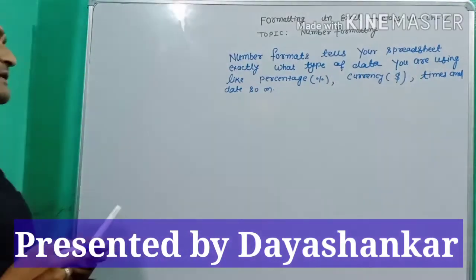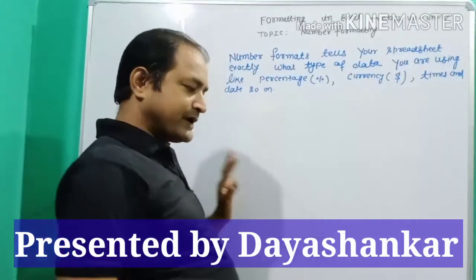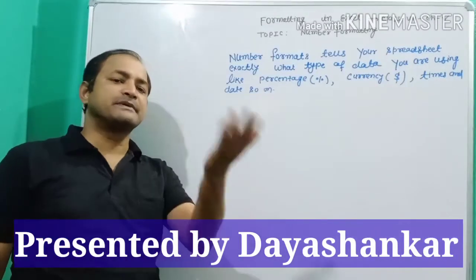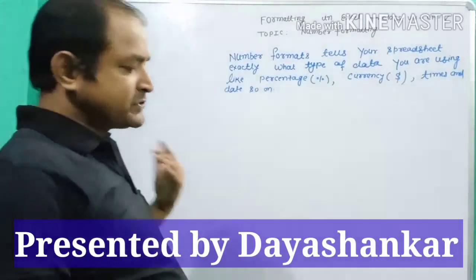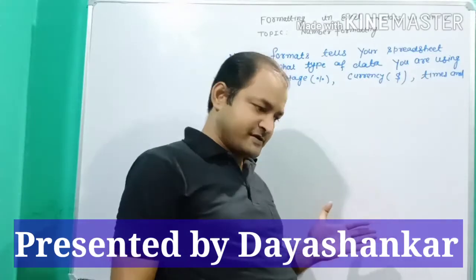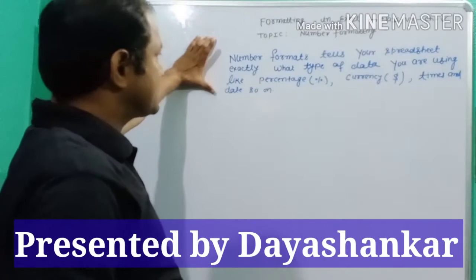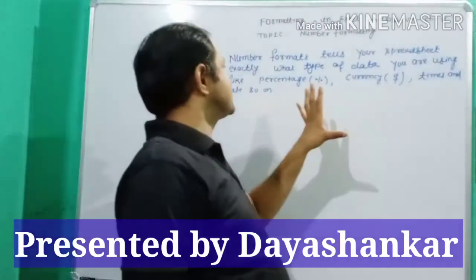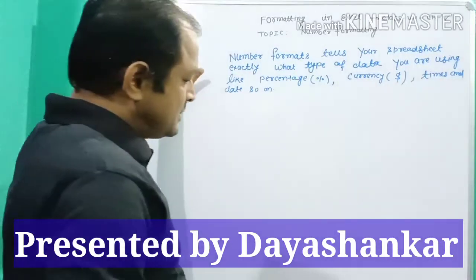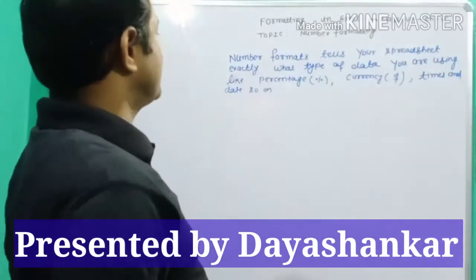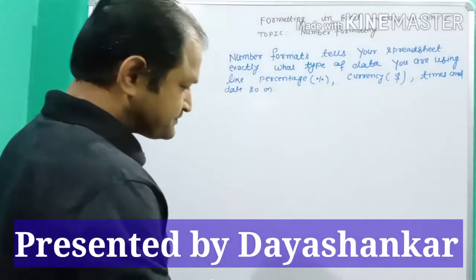This is the number format. I repeat, whenever you are working with a spreadsheet, it is a good idea to use an appropriate number format for your data. So what is the number format? The number format tells your spreadsheet what type of data you are using, like percentage, currency, times, date, and so on.